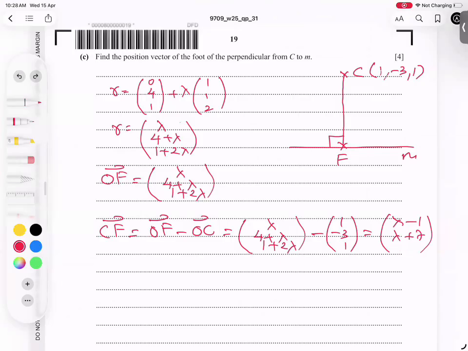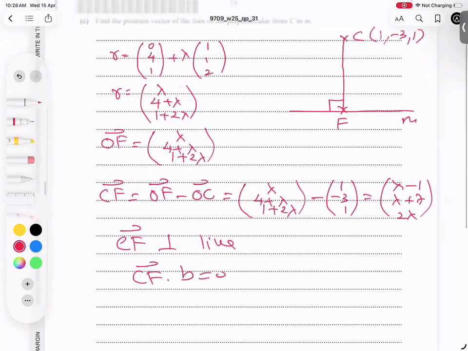Okay. So what is the basic criterion? CF and line direction. Let me tell you, CF is perpendicular to the line. So CF dot line direction is equal to 0.